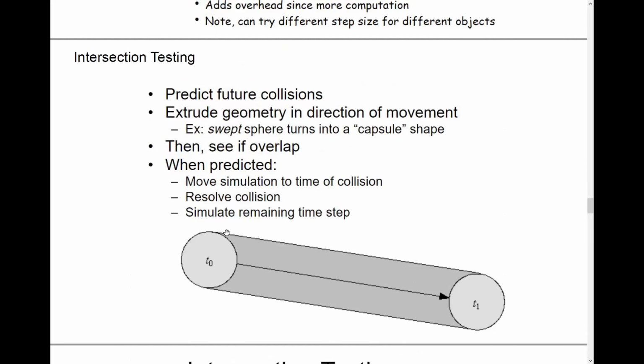It's depicted here. You are at T0, you move to the collision time T1, resolve it, and the remaining time is simulated.